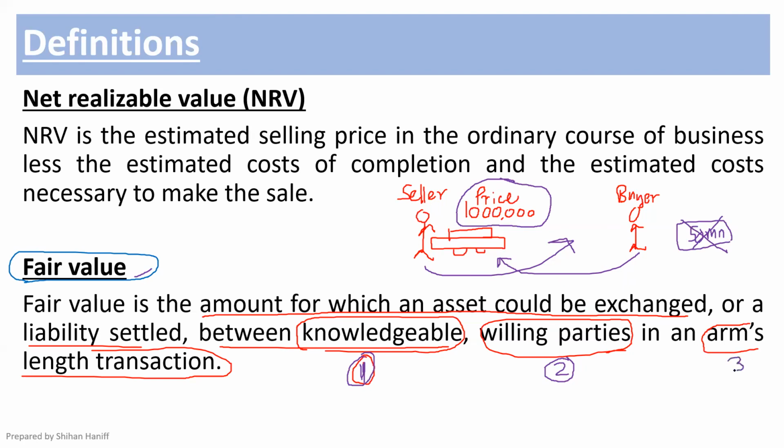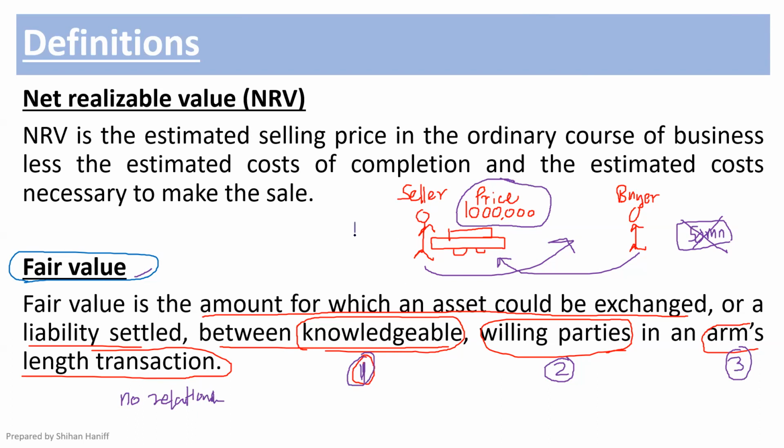And the third condition is that it should be an arm's length transaction. Arm's length transaction means no relationship. So the transaction happens without any relationship.